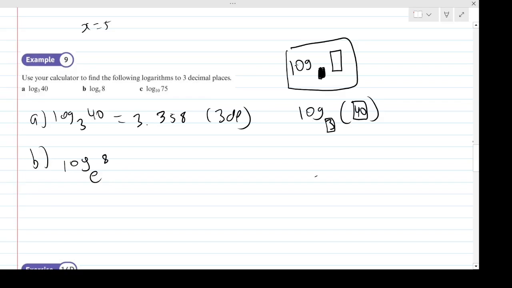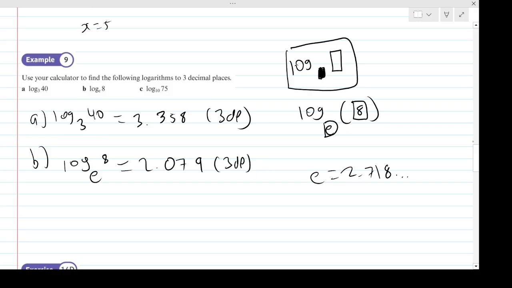Remember, e is the number 2.718 and so on. You press e in the small box, and then 8 in the bigger box. If you do that, you should get 2.079 to 3 decimal places.